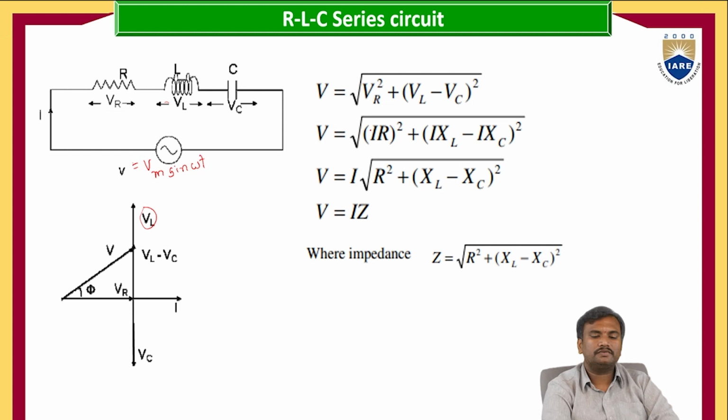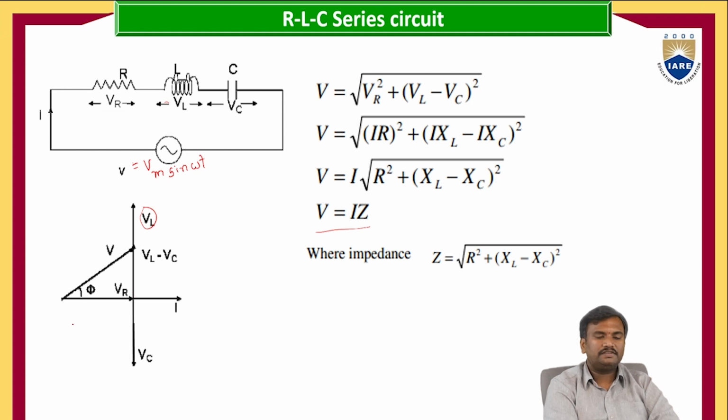So V is equal to square root of IR square plus I into XL minus I into XC whole square. Here if you take I common, we get square root of R square plus XL minus XC whole square. From this, V is equal to IZ, where impedance Z is equal to square root of R square plus XL minus XC whole square.